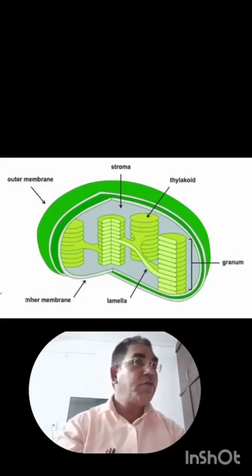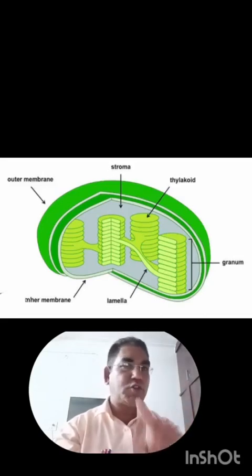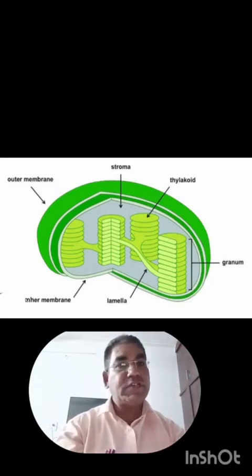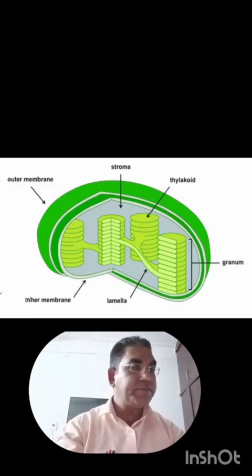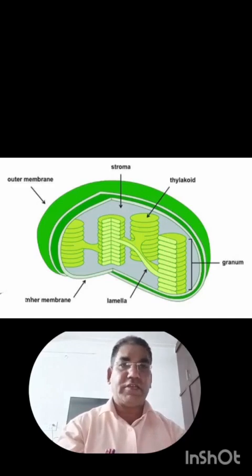Now look at the importance of the granum and stroma. Stroma is the fluid, and grana are membrane-like structures present in the form of stacks. Photosynthesis occurs in two steps, light reaction and dark reaction.